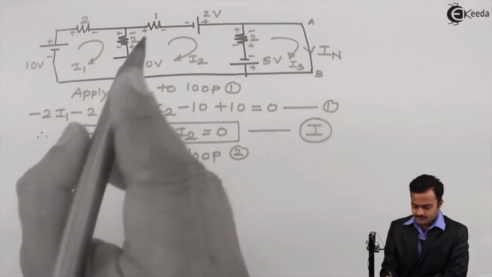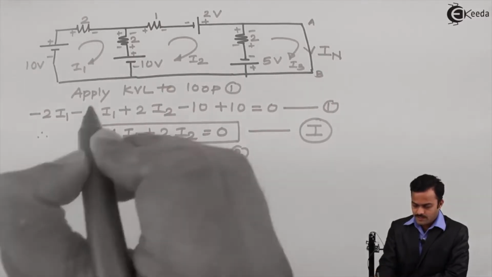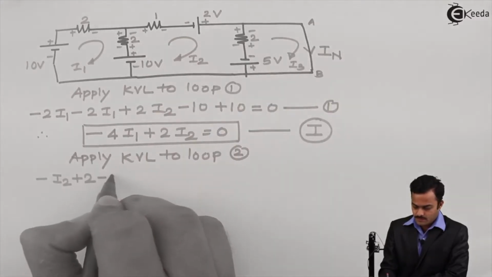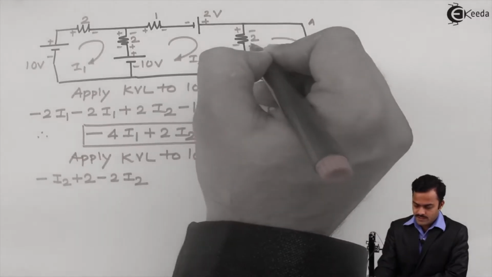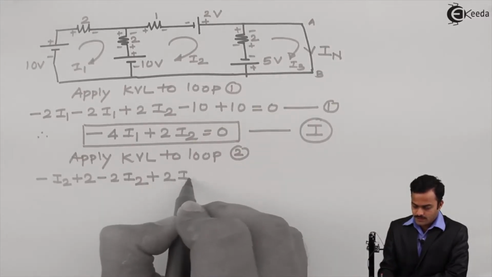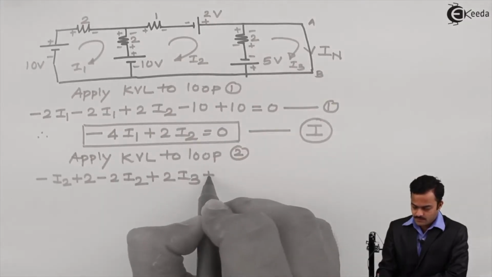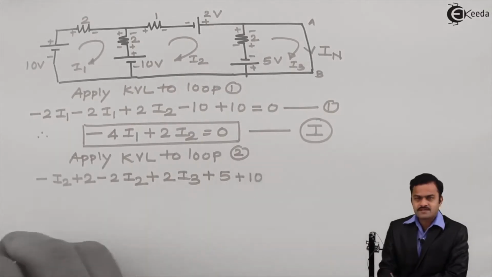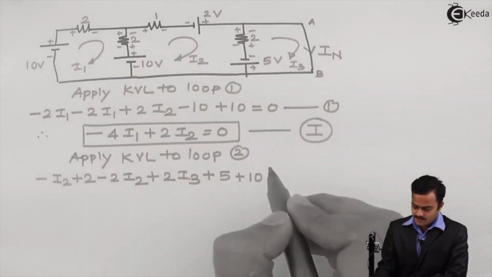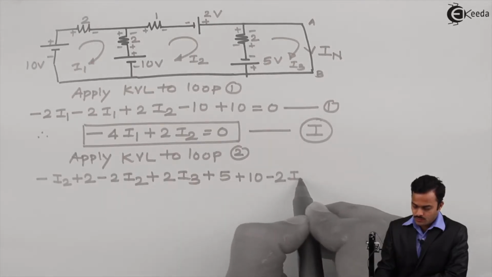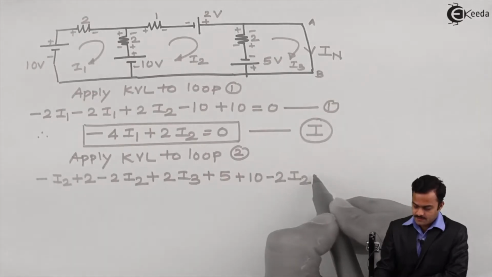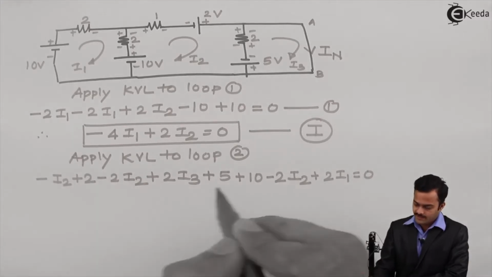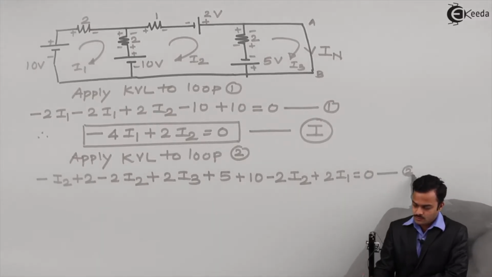So I will start from here: minus I2 minus plus, plus 2 plus minus, minus 2I2 minus plus, plus 2I3 minus plus, plus 5 minus plus, plus 10 plus minus, minus 2I2 minus plus, plus 2I1 equal to 0, which can be considered as equation 2.